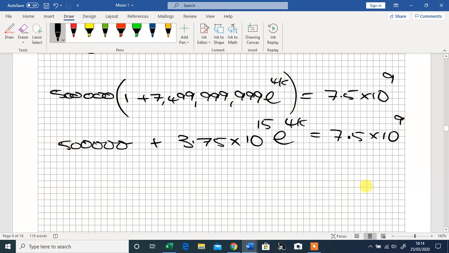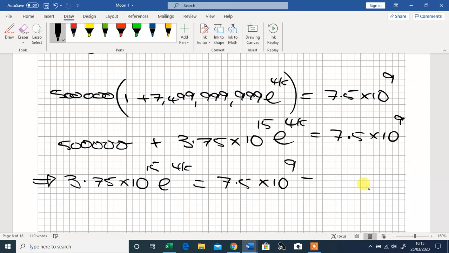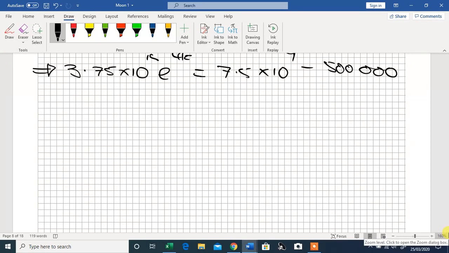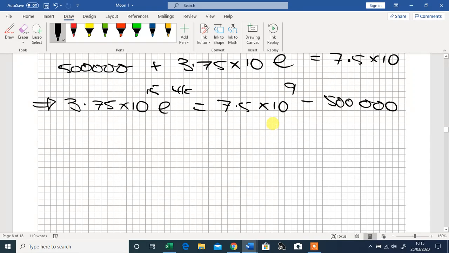It should be fairly elementary. So we get 3.75 times 10 to the 15 e to the 4k equals 7.5 times 10 to the 9 minus 500,000.